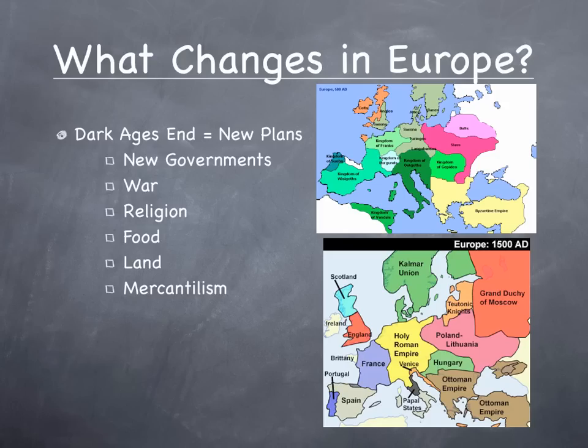Mercantilism develops out of this food and land problem because the wool market basically, as they're selling all this wool, gluts the market. It just overflows the market with wool, and the price of wool plummets. And so people stop making money, and they go, oh my gosh, we have a problem.